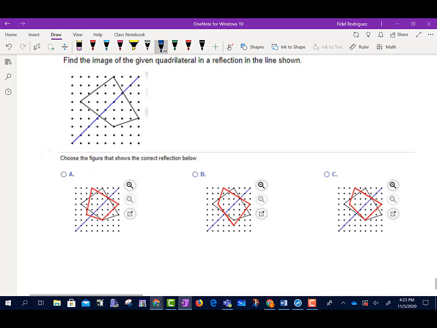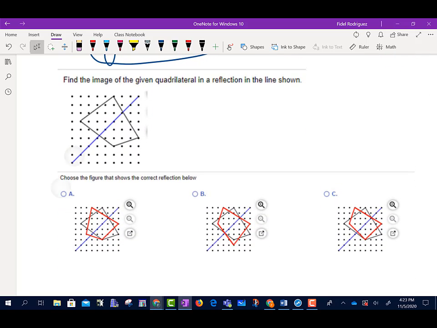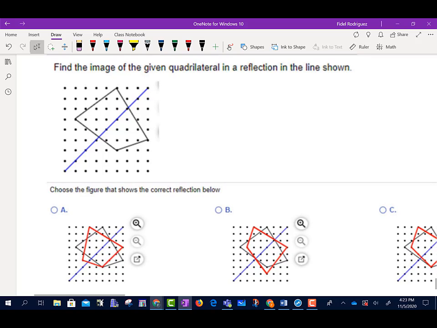Alrighty. So here's another problem. Again, these are problems that you have in your homework, and it says, find the image of the given quadrilateral under a reflection in the line shown. So they already give me the line of reflection. It's this line right here. So I'm going to reflect everything about that line. I'm going to take this point right here, and it would probably end up right over there.